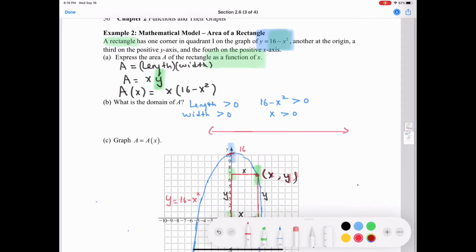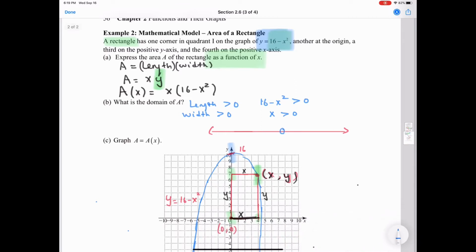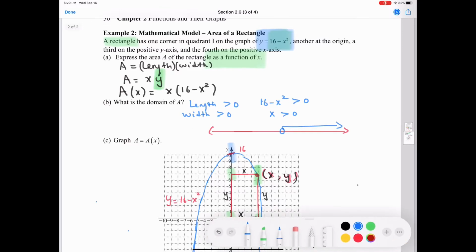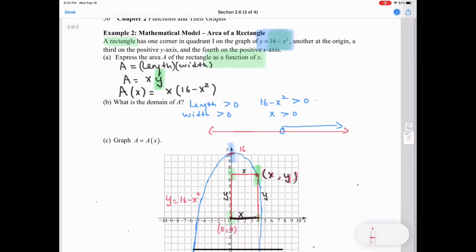If you think of your number line, your x is greater than 0. Therefore, if this is 0, it cannot be 0, everything to the right.